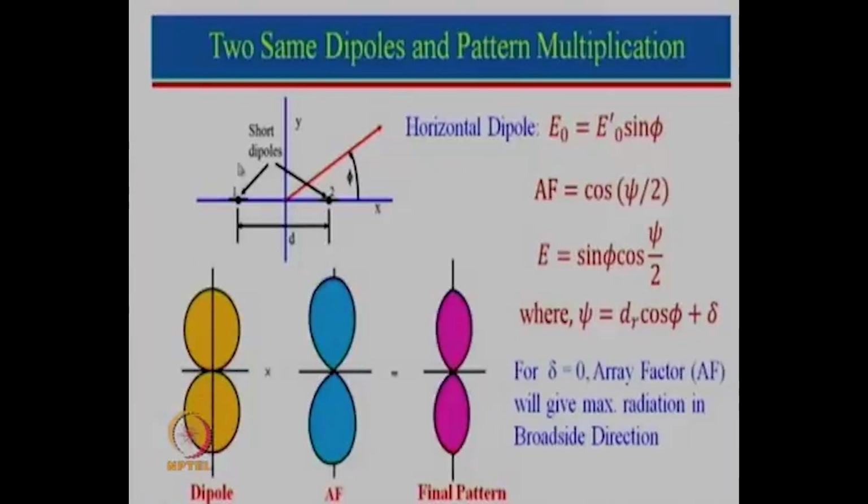So for a horizontal dipole, you will see the maximum radiation in the broadside direction and minimum radiation in this particular direction, which is along the x axis. Now that is the dipole pattern. Since these two amplitudes are same and phase is same, the array factor will have a maximum in the broadside direction. So the total pattern will be the multiplication of these two patterns, and that is known as the principle of pattern multiplication.